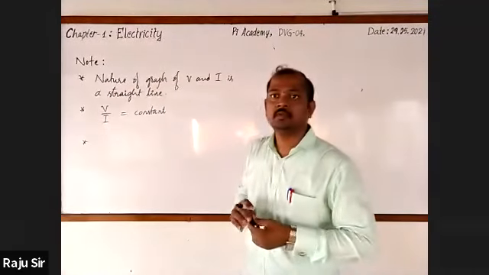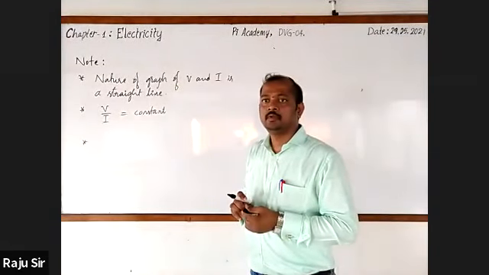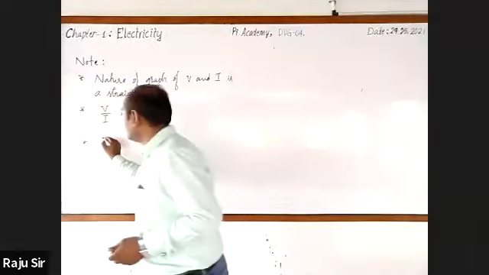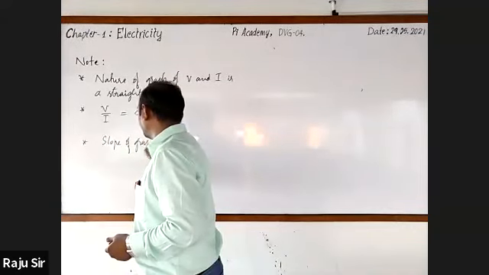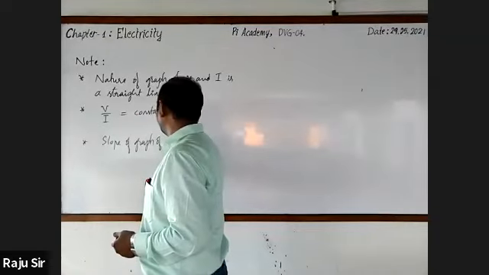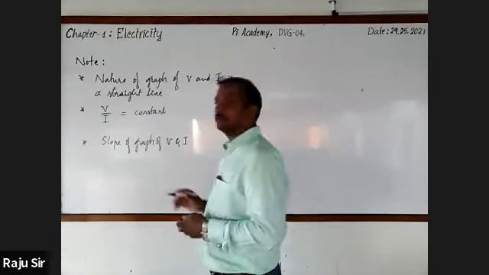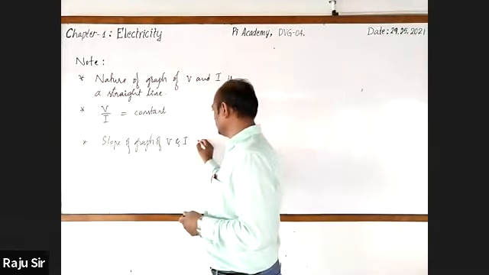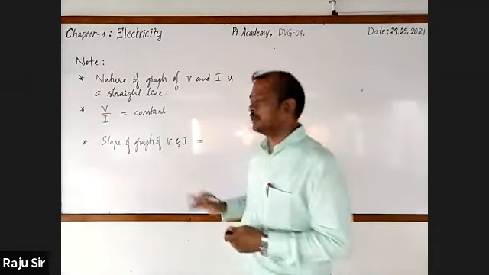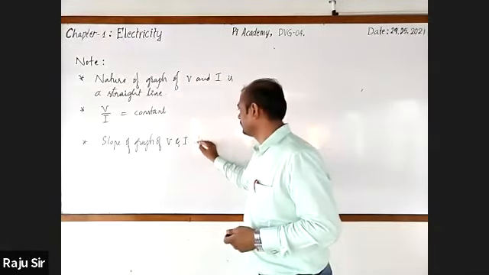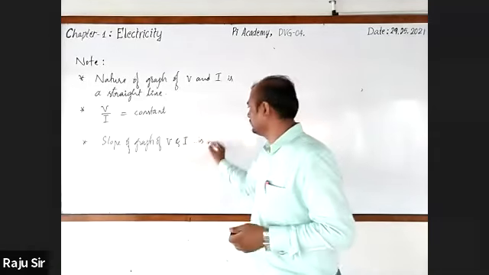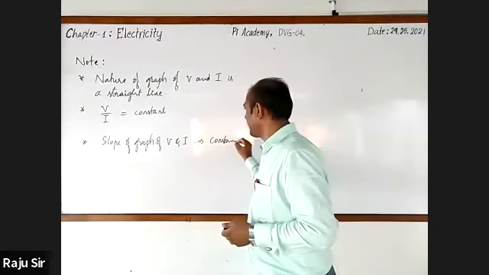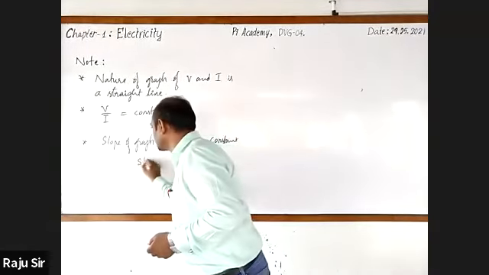Then next, slope of graph of V and I. What is that? Vertical divided by horizontal. V by I, it is constant. And we will write this as slope.